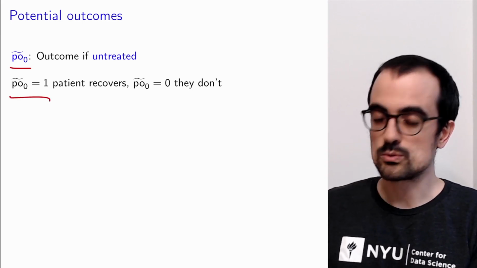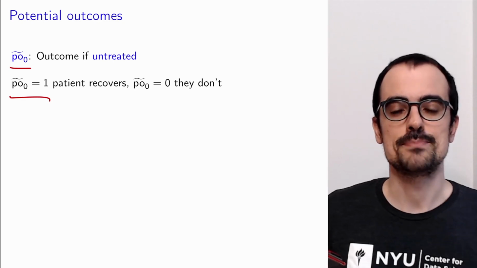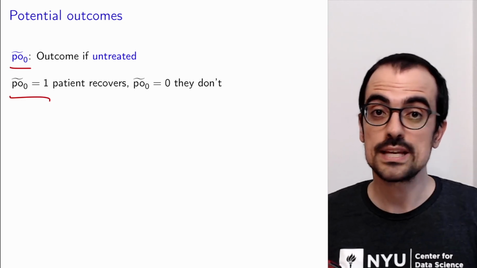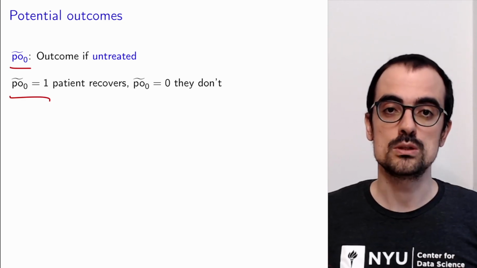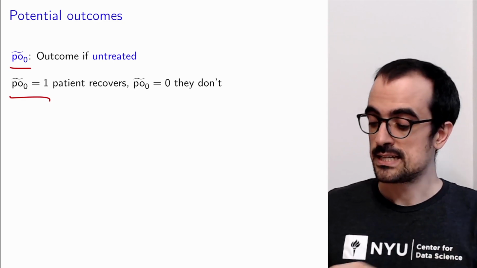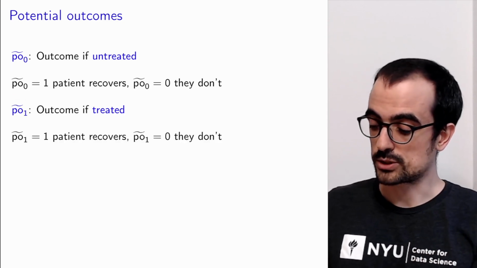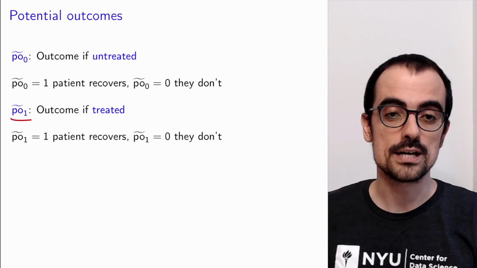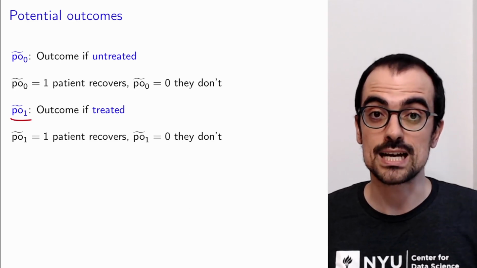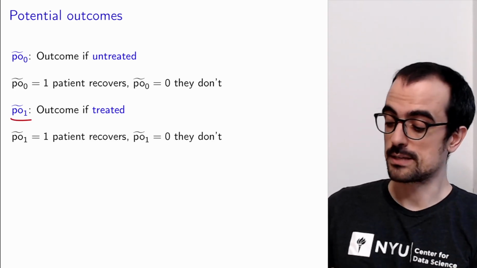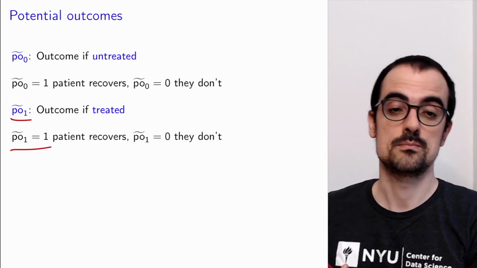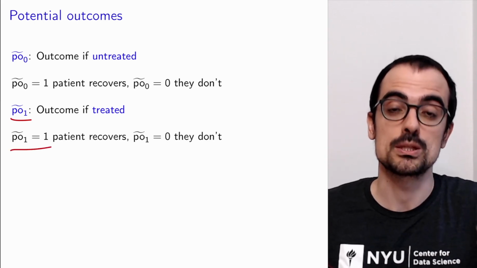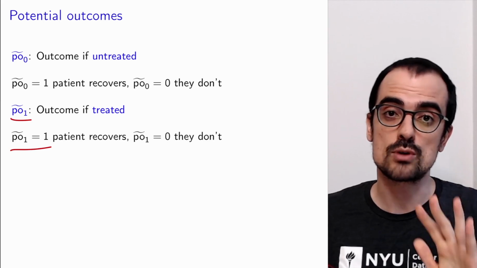The probability that it equals 1 would be the fraction of patients that would recover if we didn't give the drug to absolutely anyone in our population. Similarly, the second potential outcome with a subscript 1 indicates what would have happened if we had treated all of the population. The probability that this potential outcome is equal to 1 is the fraction of people that would recover if we had given the drug to everyone.